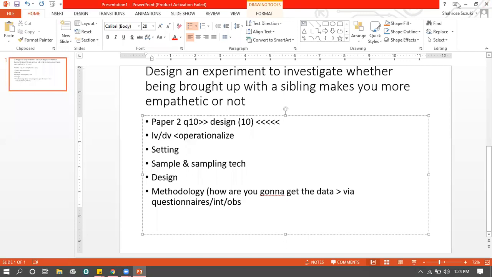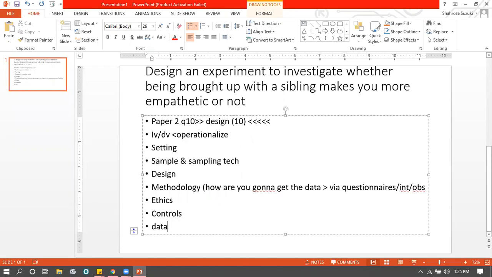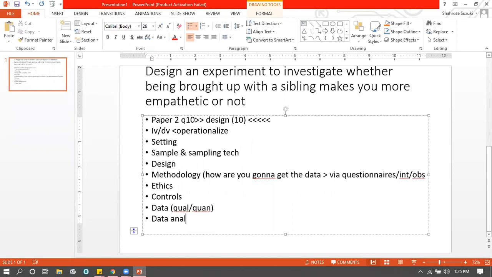You have a question: what about controls? I'm getting there, that's a good point. After this we write ethics, any ethical concerns, controls, and the data we're going to get, whether it is qualitative or quantitative. And then data analysis: what statistical tool are you going to use to analyze the data?